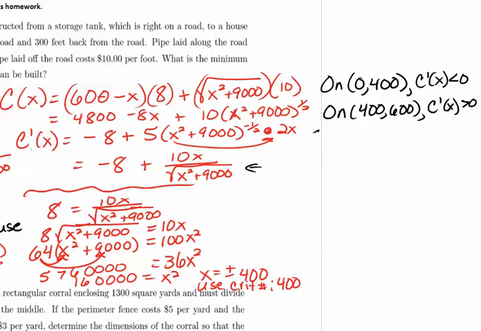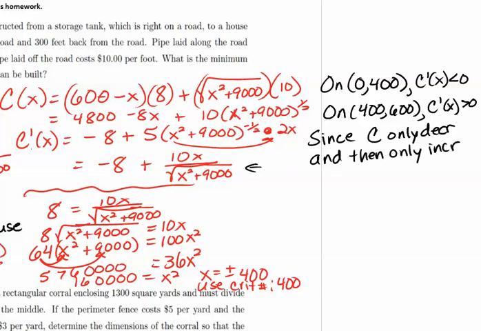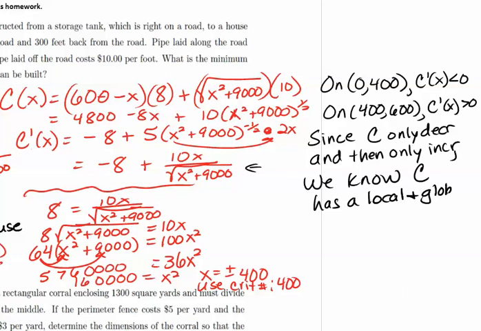So now we can say, since C only decreases and then only increases, we know that C has a local and global minimum, if there is only one of them, local and global minimum of, and then let's come back and find that cost at x equals 400 feet.